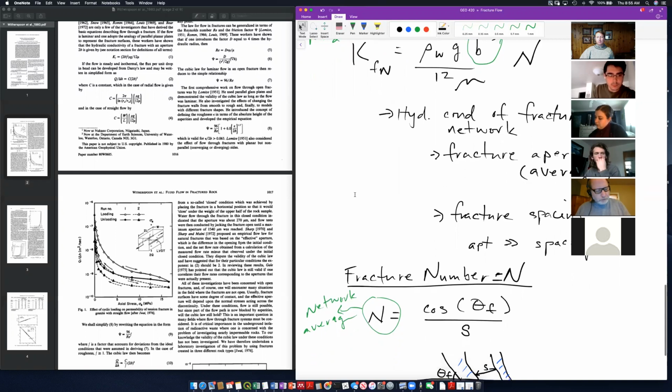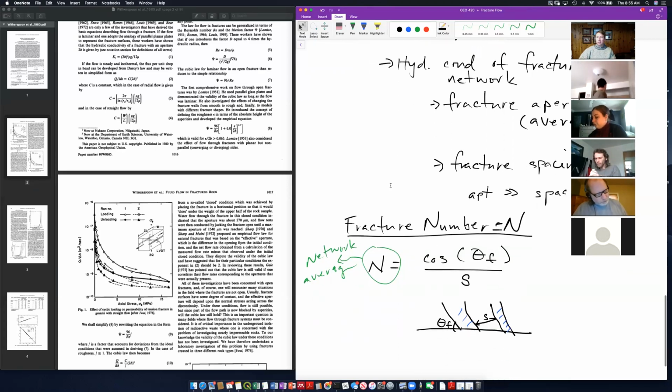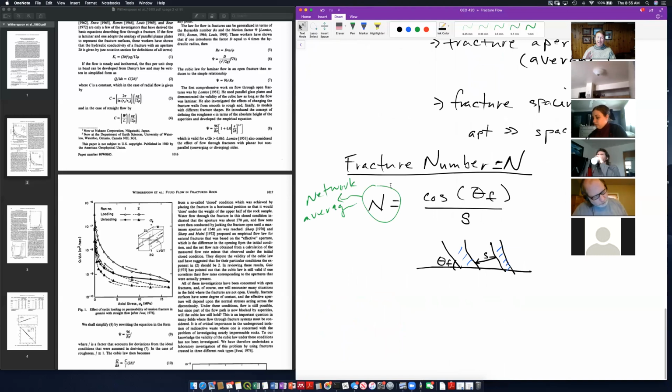So in general, when we're working in fracture zones or fractured flow systems, we're trying to represent just a bulk and average response. And it's really hard to predict exactly what's going to happen and exactly where the fluid flow is, because we don't know exactly what each individual fracture looks like.